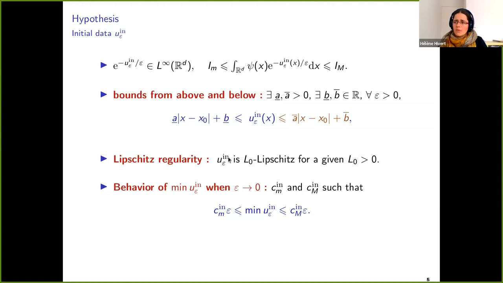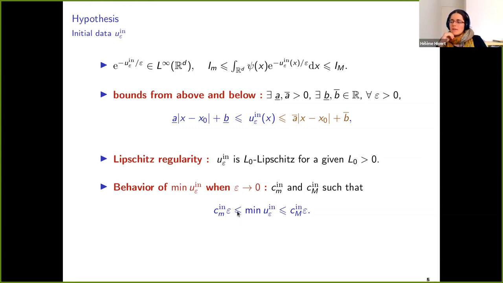We suppose that the initial data is Lipschitz. We denote its Lipschitz constant L0, and it's a technical assumption. L0 is large enough such that it is greater than this A bar.